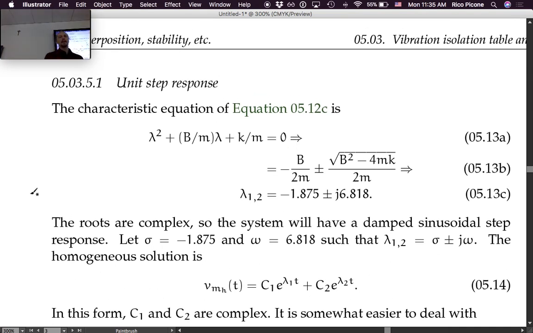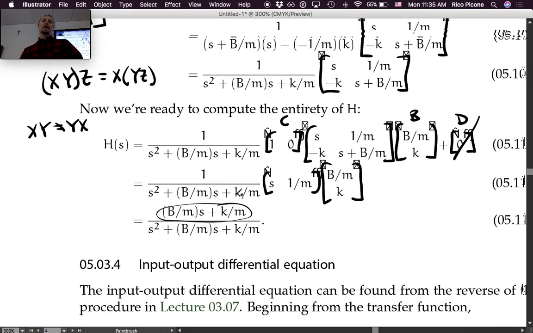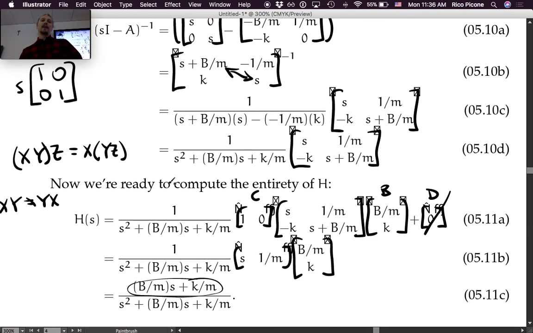The characteristic equation is a polynomial in lambda, right? Boom. Do you guys notice something here? We aren't going to belabor this point, but this characteristic polynomial is just like something over here. What is it? It's the determinant of sI minus A, except instead of s's, we have lambdas.